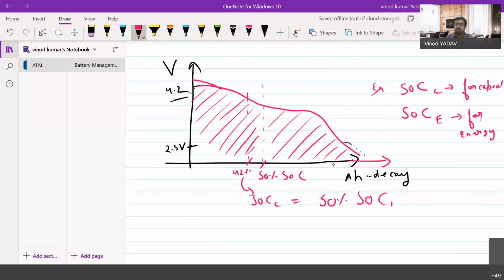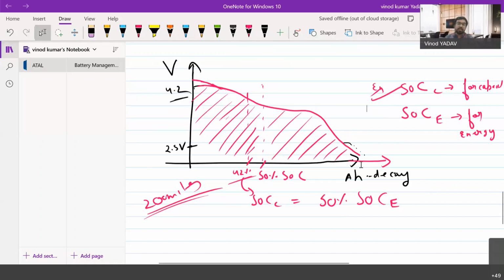That is, 50% energy capacity is reached at 42% charge capacity. Suppose this is for an electric vehicle application, for one complete charge 200 miles; after 42% discharge, we have delivered 50% of the energy. So both are different, SOC and SOCE.